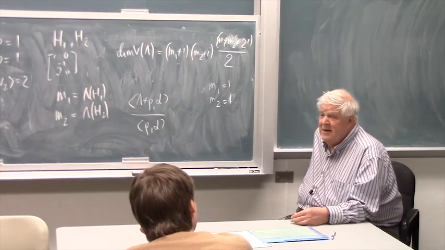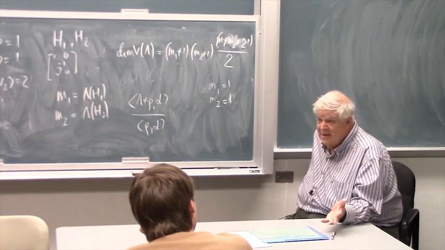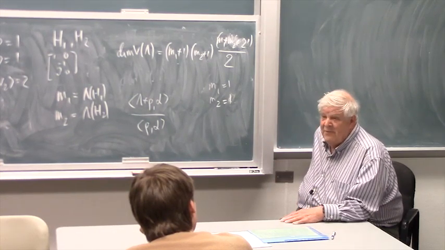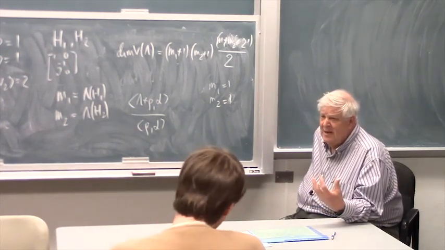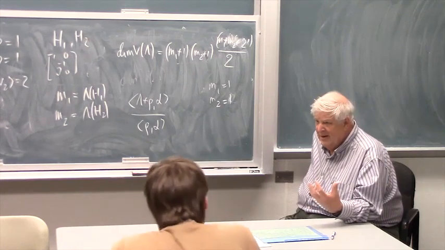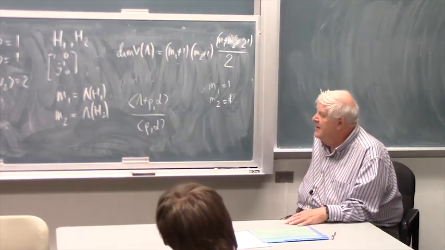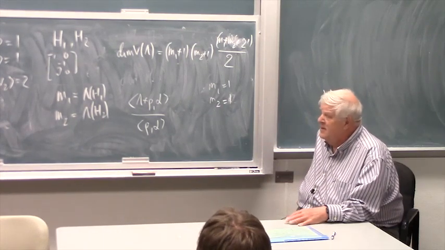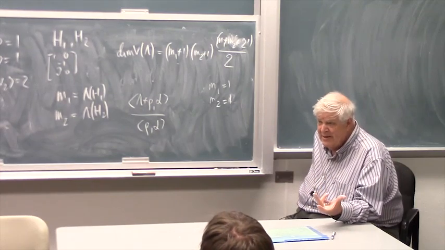Certainly, the generalization of this to any SL is immediate. For example, if n is arbitrary, we have SL n plus 1. Then the weight will consist of n integers, right?